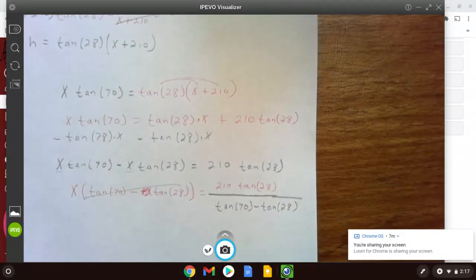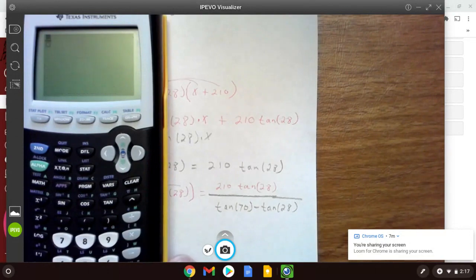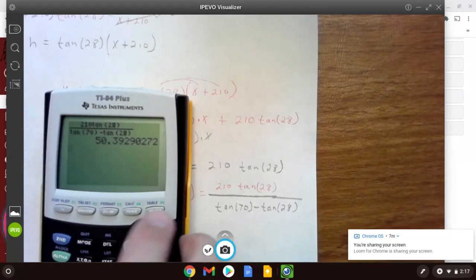All right, now I'm going to go ahead and make it into a decimal here. So I've got 210 tan of 28, and on the bottom I've got tan of 70 minus tan of 28. All right, now that's equal to x, so 50.39, I'll call it.